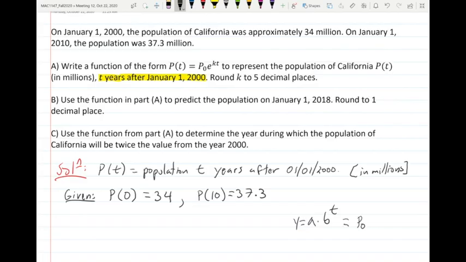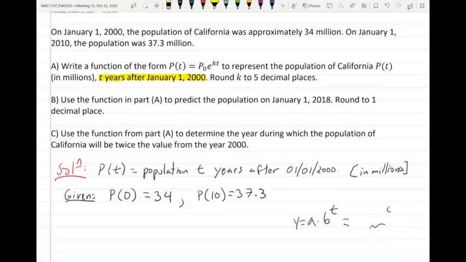You can think of P0 as being your A, that one doesn't change. But then instead of B to the t, we have e to the kt. So if you want, the B here is e to the k. This is your B. If you want to make the analogy from the examples that we were doing earlier, maybe 4 lectures ago, something like that.